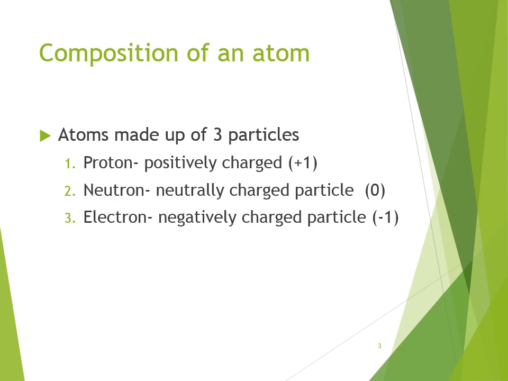Atoms are made up of 3 subatomic particles: protons, neutrons, and electrons. Protons are positively charged, +1. Neutrons are neutrally charged, hence the name neutron, so they have a charge of 0. And electrons are the negatively charged particle, having a charge of -1.